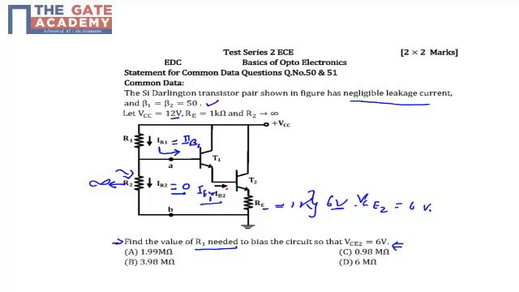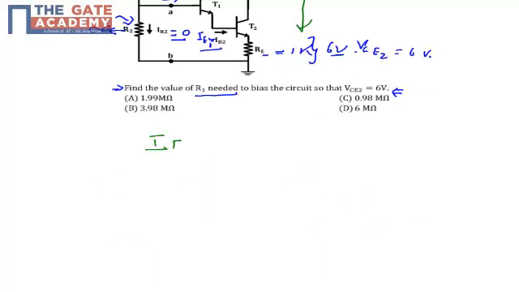Now my VCE2 is given as 6 volt, so we can apply KVL at this path. My IE2 will be equal to VCC minus VCE2 by RE.